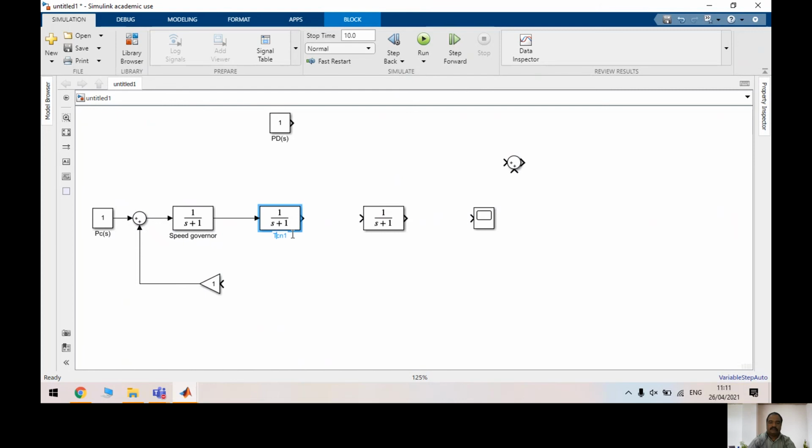This is the turbine model, isn't it? What is this one? This is generator and load, isn't it? Now, the speed governor is fed to the turbine, and from the turbine, there must be a summer, right? This is my summer because the PD will come into picture now.